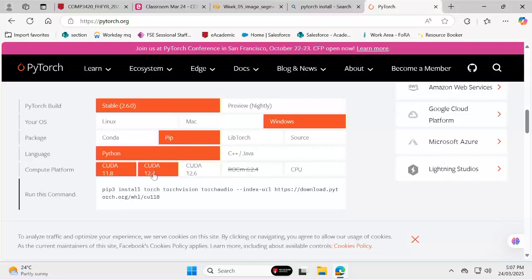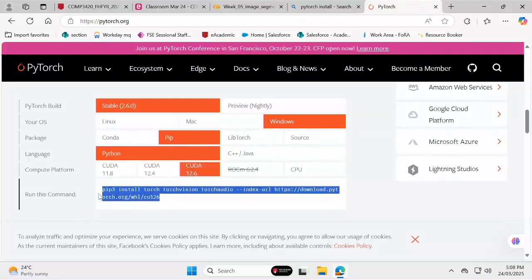If not, then you can use an earlier one. And if it is too old, then it might not support any of this CUDA, and then it might not work. But what I actually do is go for the latest one. If it doesn't work, I'll try this one. So that's what I do. It actually takes quite long to install, so it's not just a few seconds. But yeah, and then just copy. You can see when I click on different options, this changes.